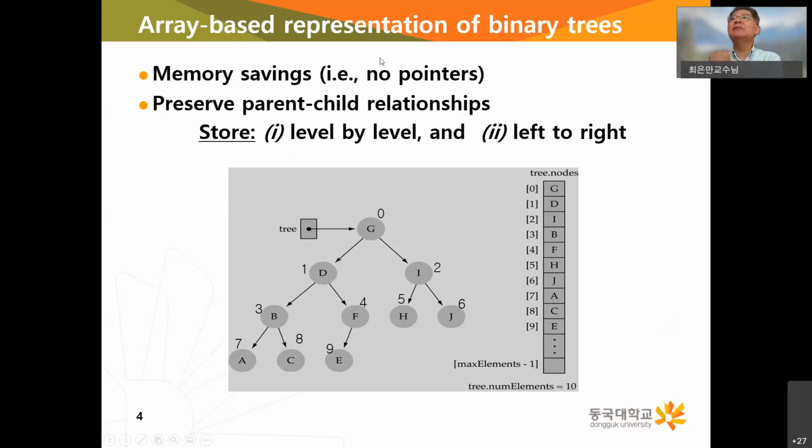So if you want a complete or full binary tree, say array type, in that case, we don't need to store the link field information. Why? We can calculate which is the parent and which are the children by calculating the index of the array.